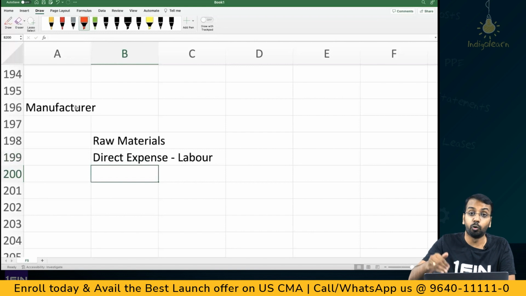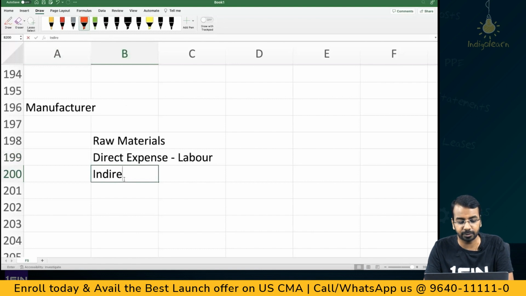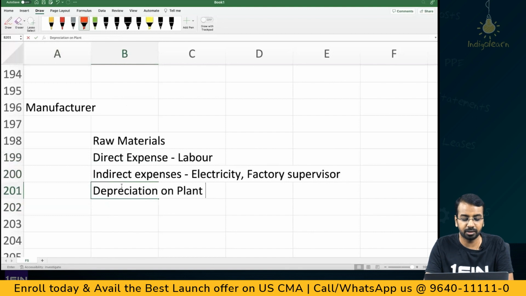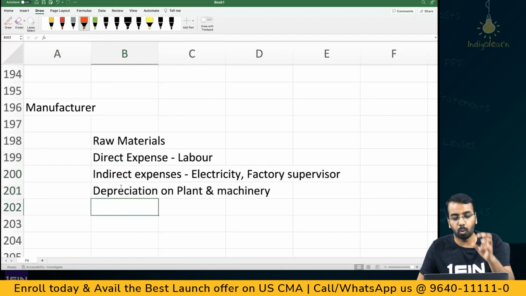Then to manufacture these products, so you have material, you have labor, you may have to incur certain indirect expenses like electricity, factory supervisor, etc. There could be depreciation on plant and machinery. So what happens is, when there is depreciation on plant and machinery, that also forms part of your cost of goods that you are manufacturing.